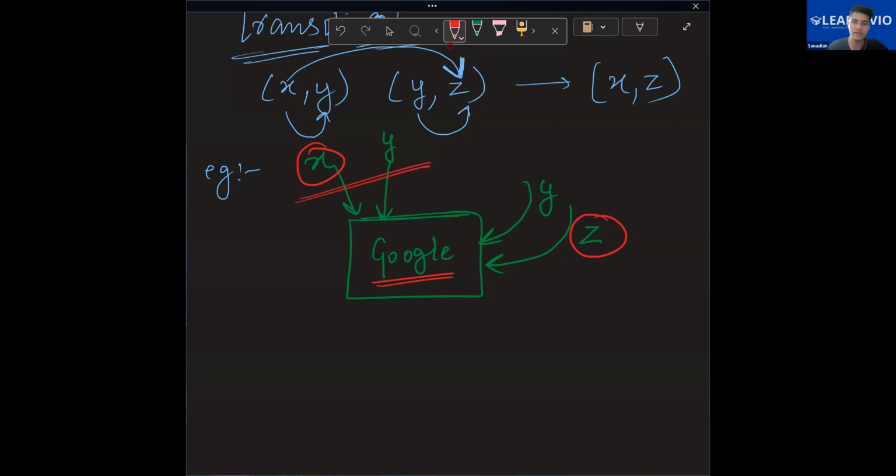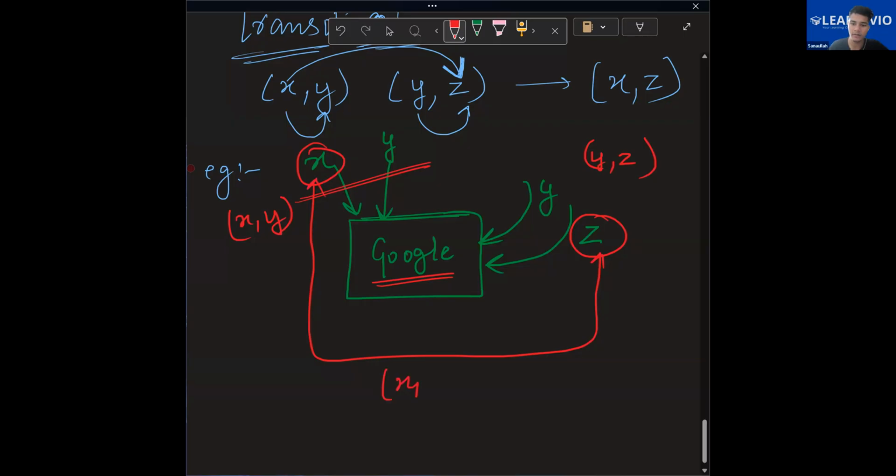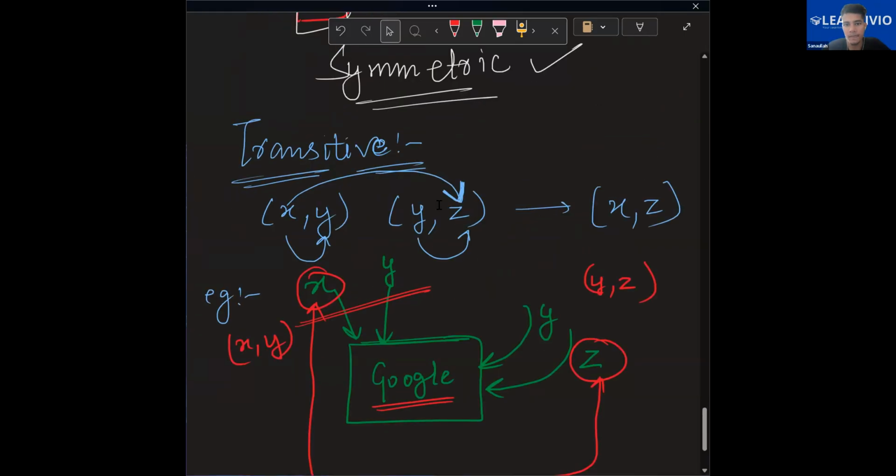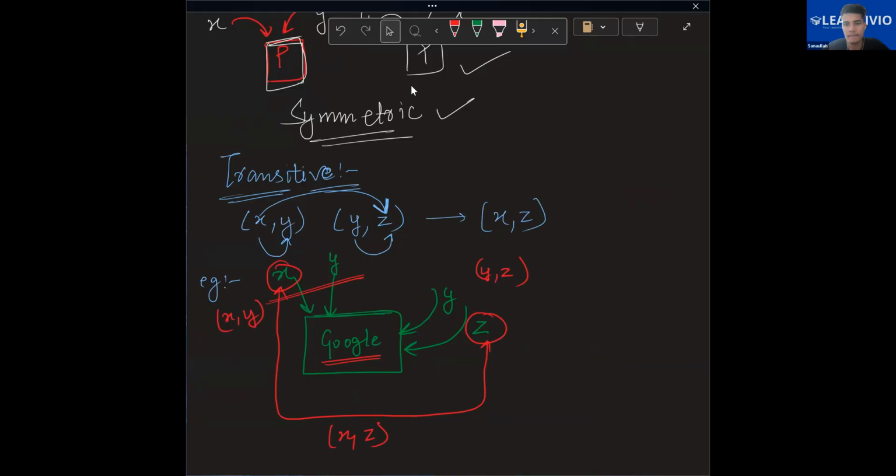If x and y are working, that is x comma y, and y comma z, then x and z are also working in the same company. है ना? Any doubt?